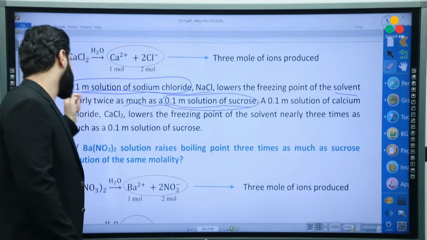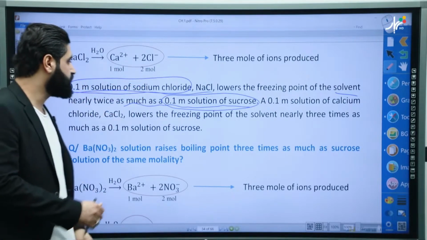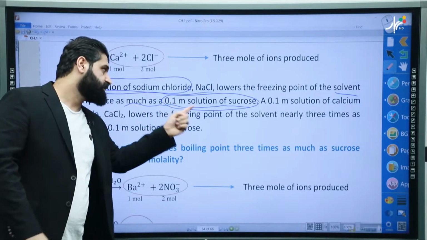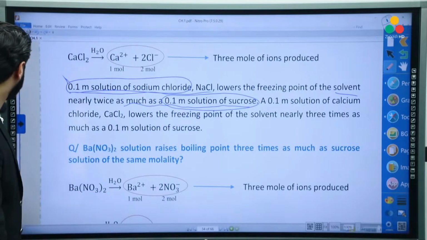However, they have same concentration. What's the reason behind this? Because NaCl will produce 2 particles, but sucrose produces only 1 particle. That's the difference. Okay.